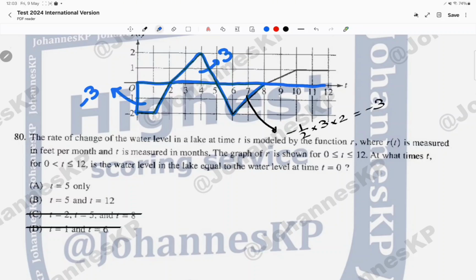How about this guy? Triangle and rectangle. So half by base by height, and rectangle, which is 2 times 1. So 1 plus 2, which is 3. So they also cancel out at time of 12. So B. Good. Is that a bit cold for you? Nice. All right.